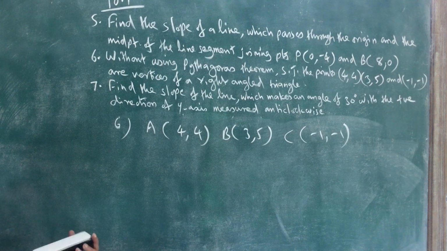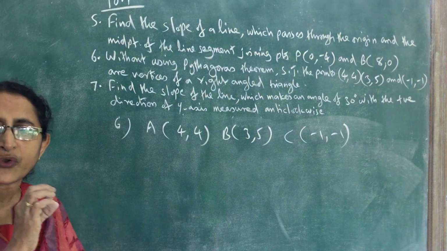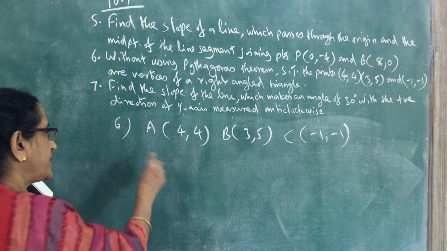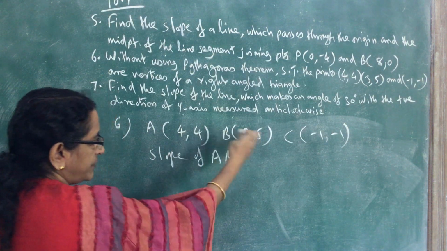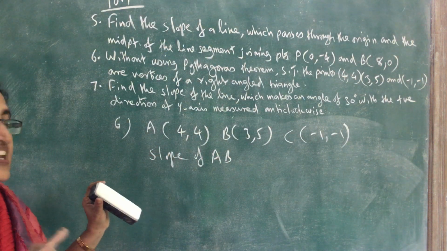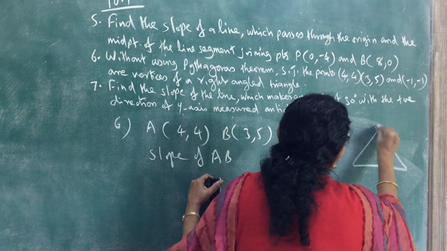So using slope we can find it. If the angle between any two sides is equal to 90 degrees, then that is a right angle triangle. So we can find the slope of each side. Suppose this is the triangle ABC.